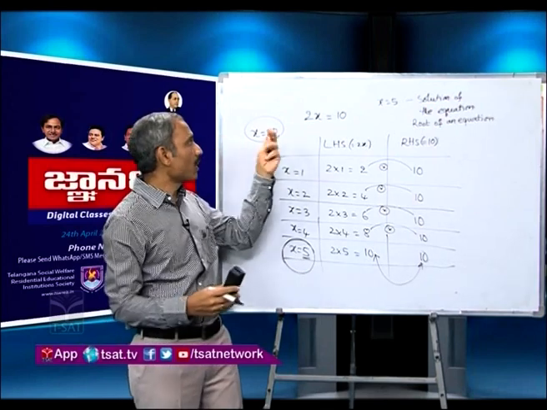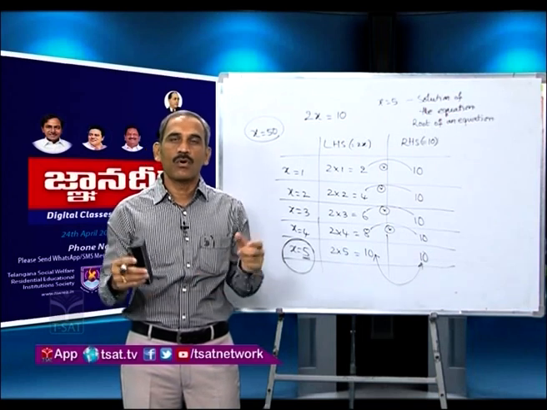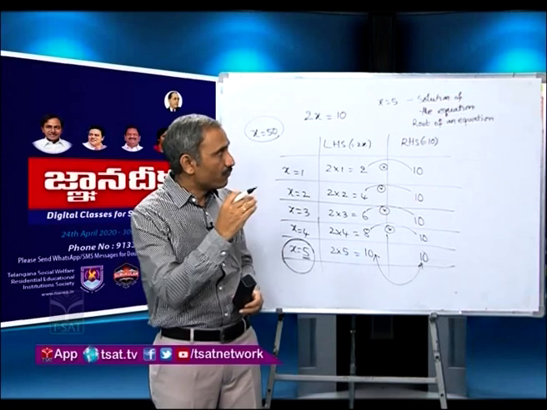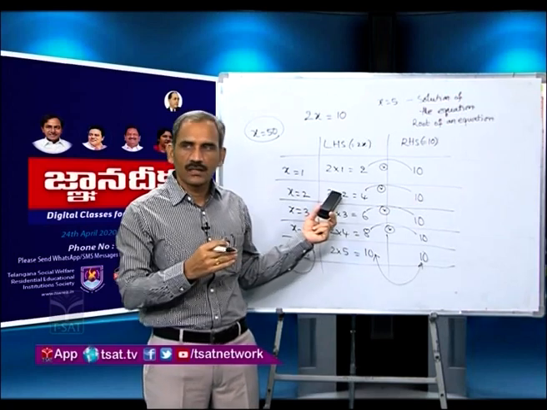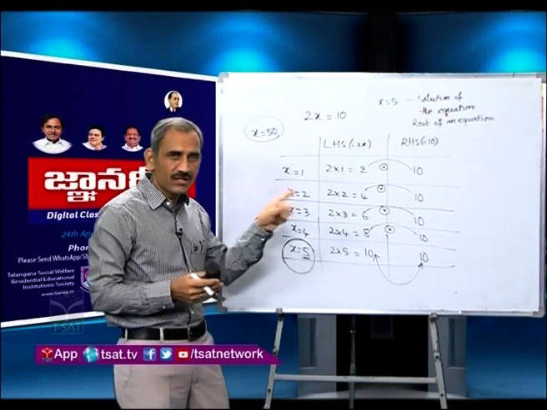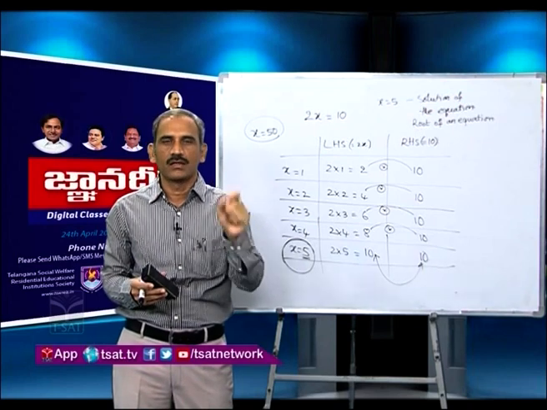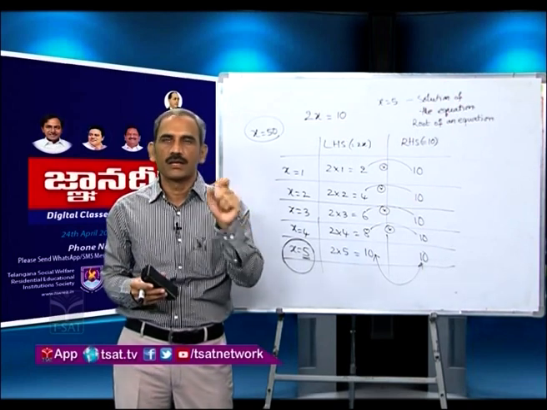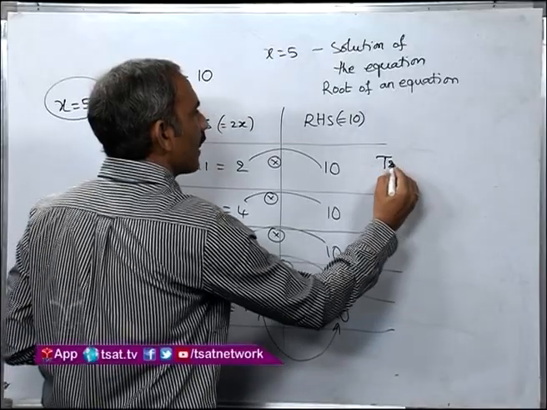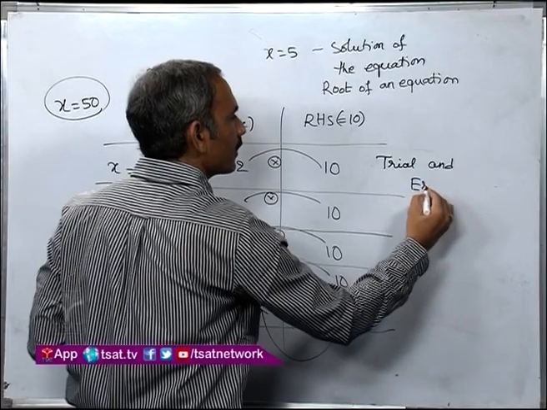You have to go up to 50, which will take more and more time. So to find the solution, initially we have this method. In this method we are doing trials, no? First x equal to 1, one trial, x equal to 2, another trial, x equal to 3, another trial. Therefore, this method is known as the trial and error method.